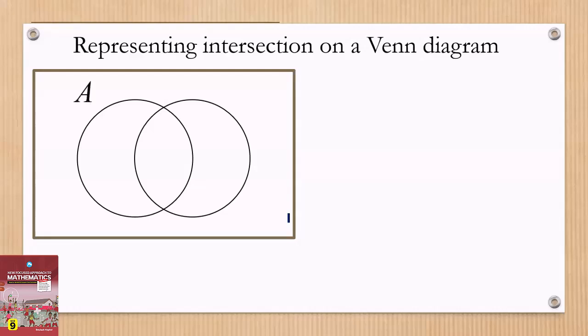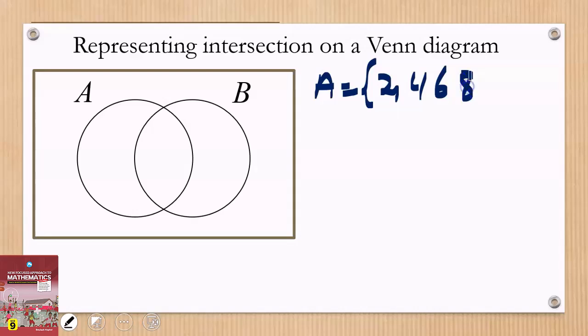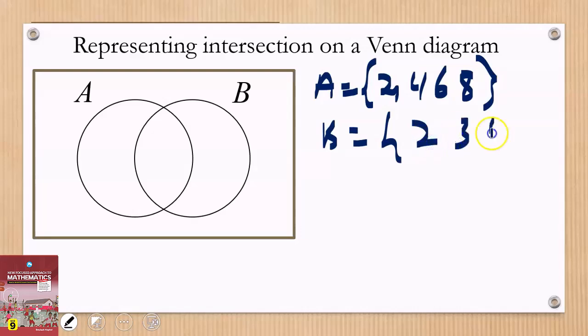So let's say we have set A here and set B here. It could be that set A is equal to maybe 2, 4, 6, 8, and set B is equal to 2, 3, 4. Now, first of all, you can see that between set A and set B, there is an intersection.